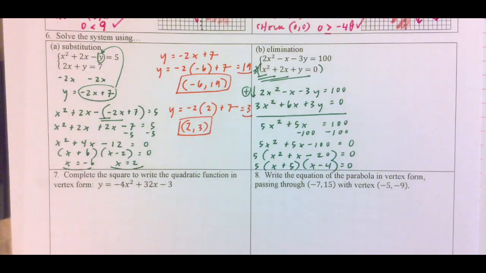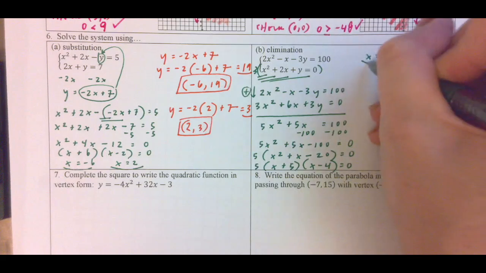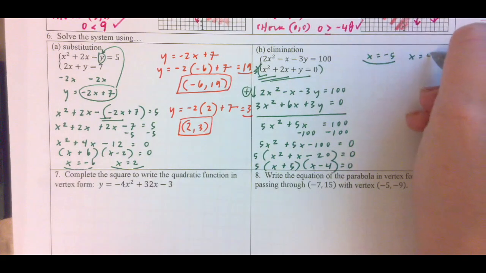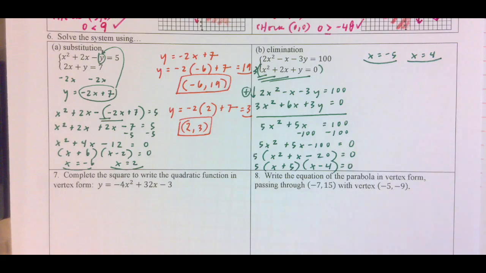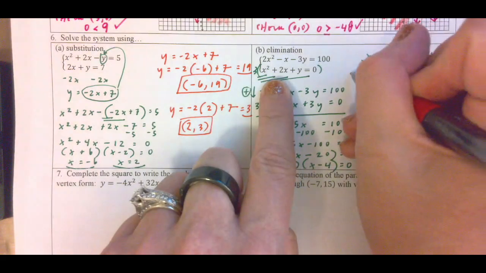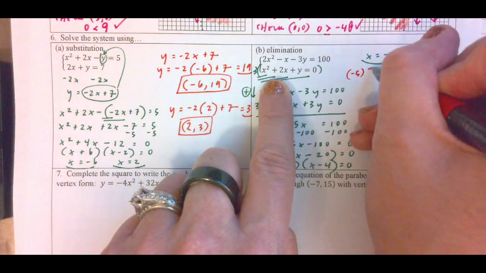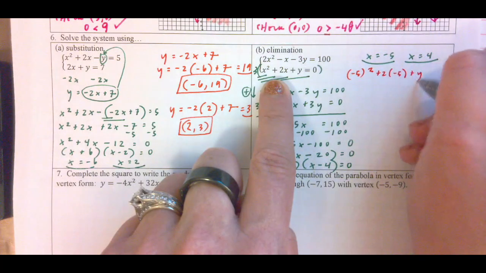So I have two solutions, right? x equals negative 5, x equals 4, and then I have to plug in to get the y value that pairs with each one. So if I plug into this equation right here, negative 5 squared plus 2 times negative 5 plus y equals 0.